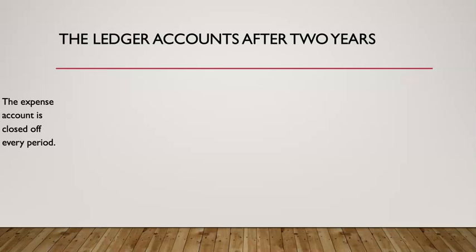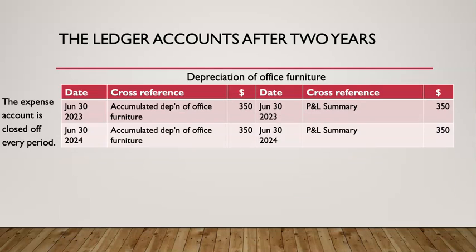So after 2 years, our depreciation of office furniture is going to have another journal entry, which I haven't shown here, but I have shown the ledger. We have another $350 of expense that will be reported in our income statement in our other expenses section.